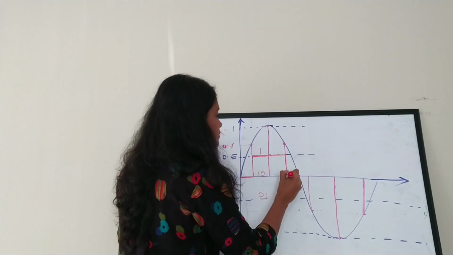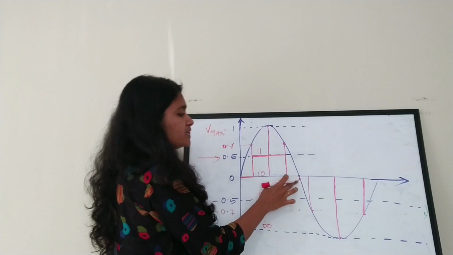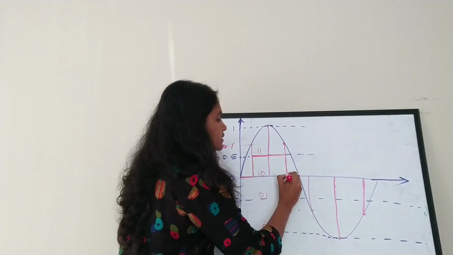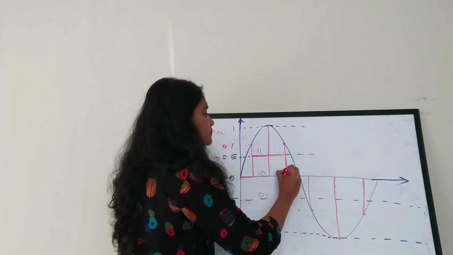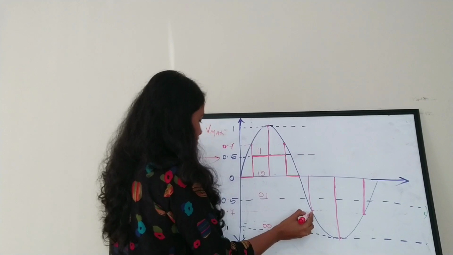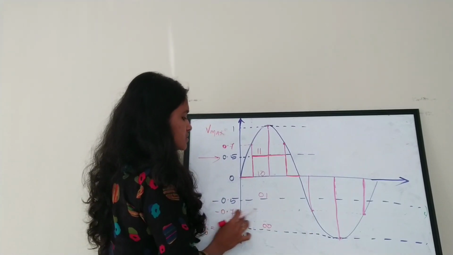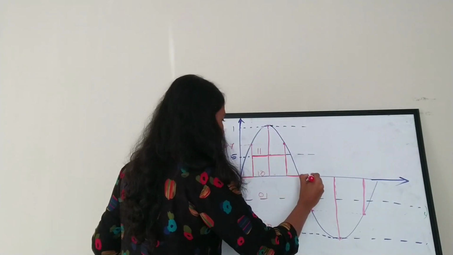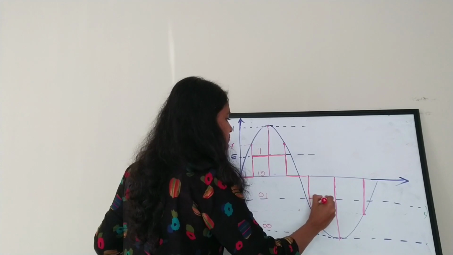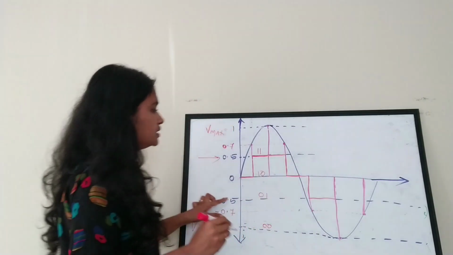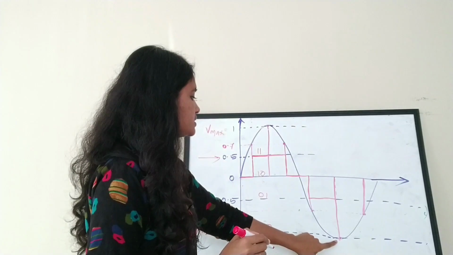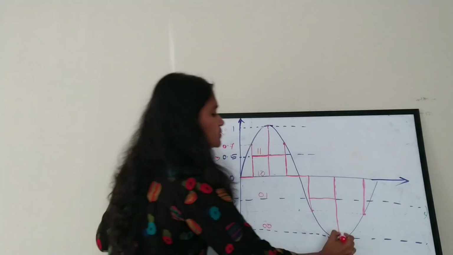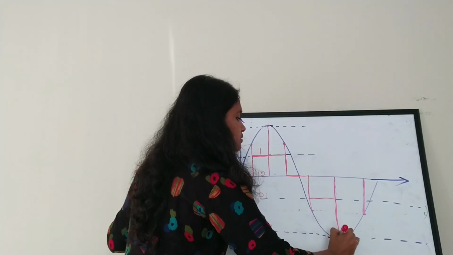Now coming down, the next sample is at 0, and we have a quantization level at 0 volt, so select that. The next sample is at minus 0.7. We have a quantization level at minus 0.5, so select minus 0.5. The next sample value is at minus 1, and we already have a quantization level at minus 1, so we select that.